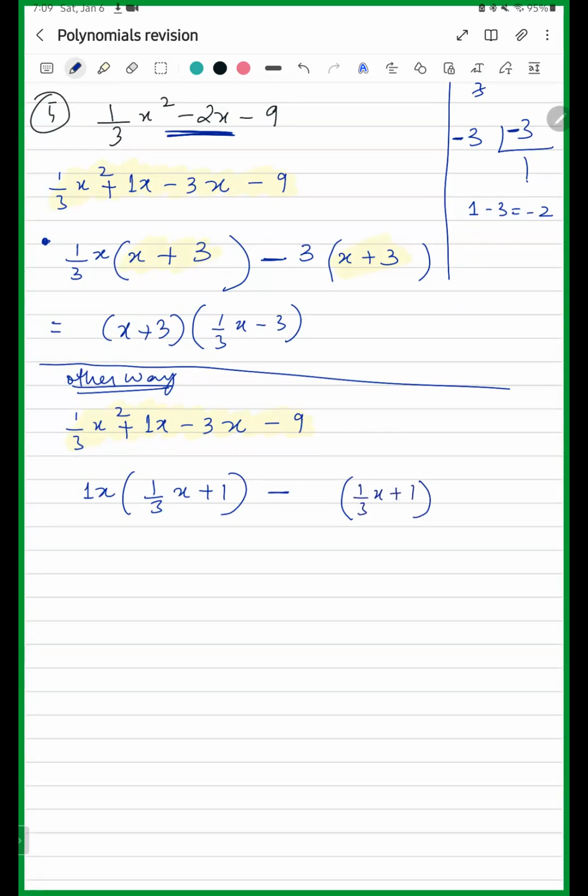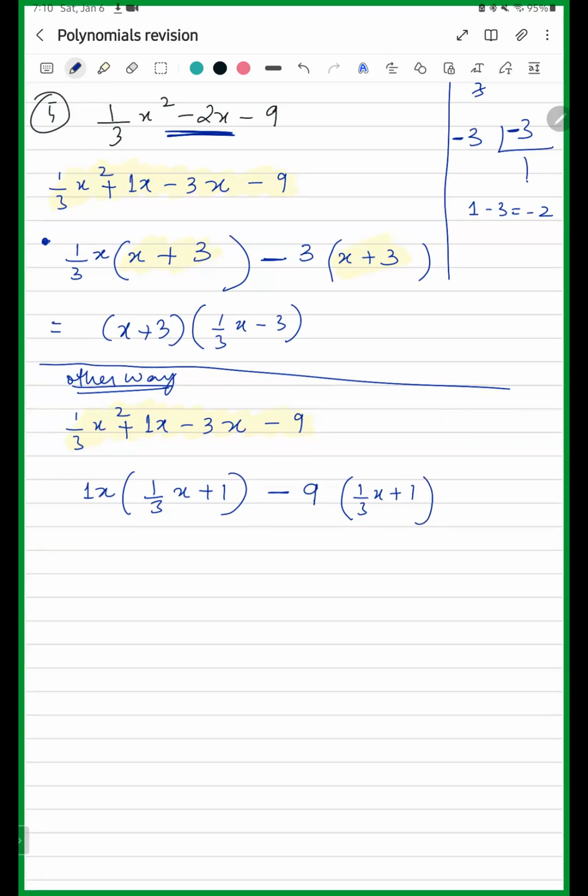These two have to be the same bracket, right? Otherwise, it's very easy to just take 3 in common, and then x minus 3 common, and then x plus 3, right? Very simple. But here we have to make it as 1 by 3 x plus 1. So if this is 1, that means we have taken the entire 9 outside. That means 9 we have taken as outside.